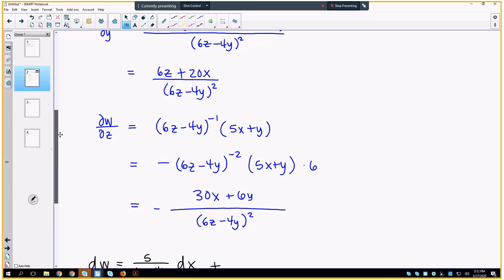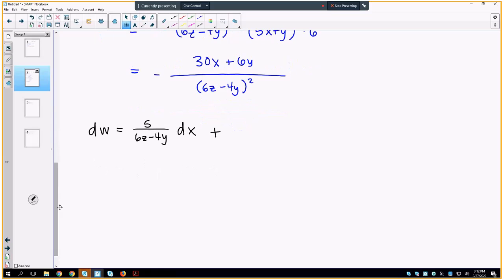So that's 6z plus 20x over 6z minus 4y squared, times dy. And lastly, I want to add del w del z dz.